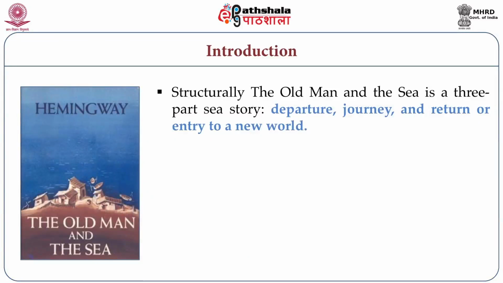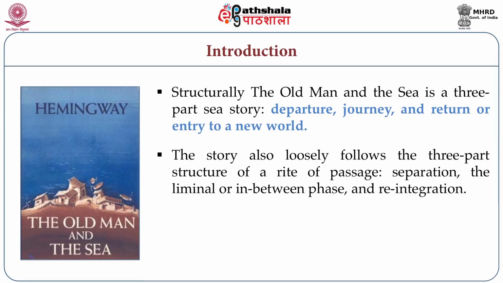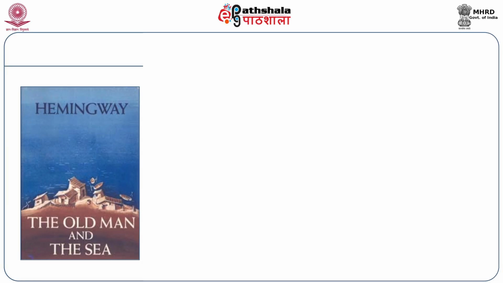Structurally, The Old Man and the Sea is a 3-part sea story: departure, journey, and return, or entry to a new world. The story also loosely follows the 3-part structure of a rite of passage: separation, the liminal or in-between phase, and reintegration. But it is in the analysis of the character of Santiago that the critics have their loyalties and opinions sharply divided.